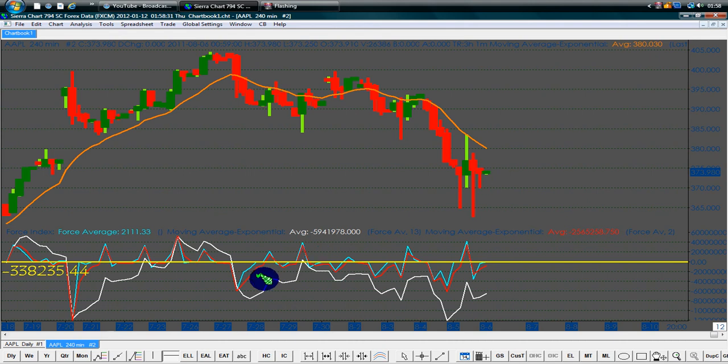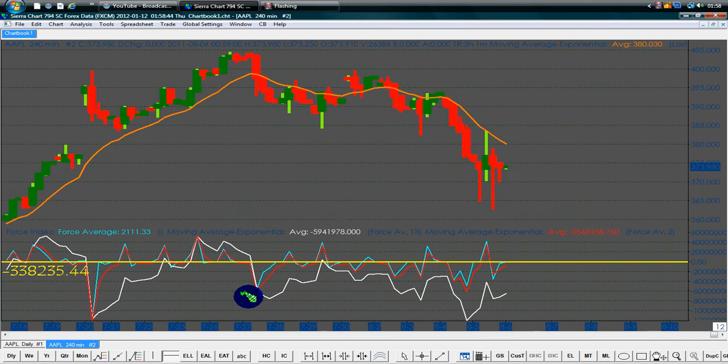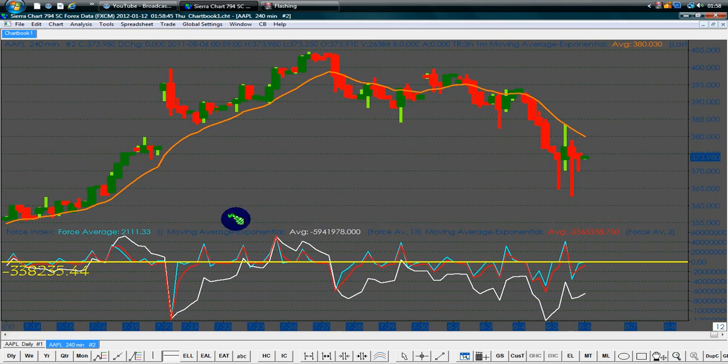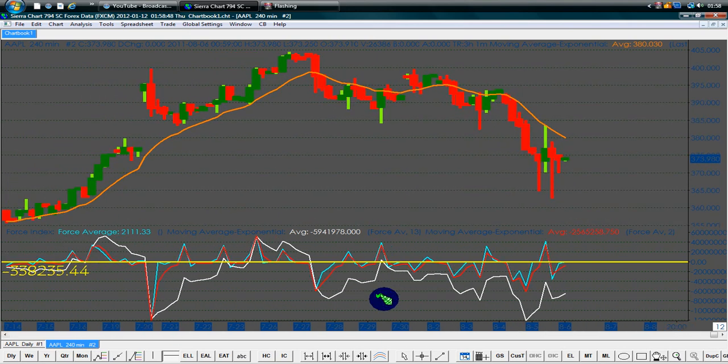But if you are using the force index and just selling because it's below the zero line, you are likely to make a lot of mistakes. As you can see, it's all over the place, this force index.